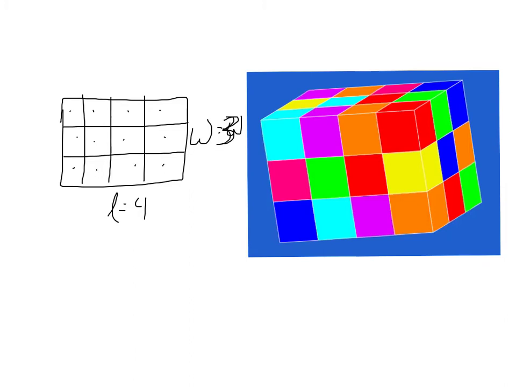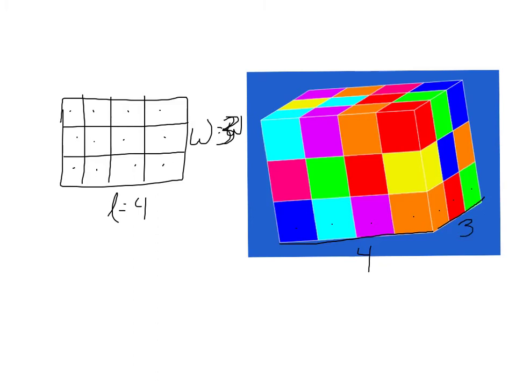Okay, now we're going to see how our area helps us to find the volume. If we look over at our 3D shape, we can see that our length is 1, 2, 3, 4. Our width going back is 1, 2, 3.